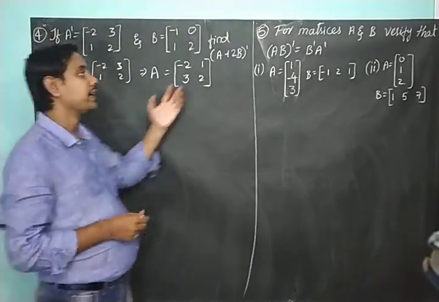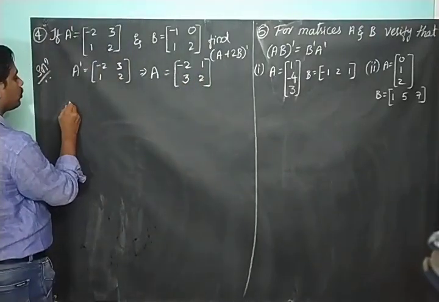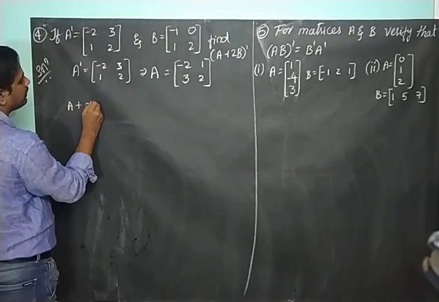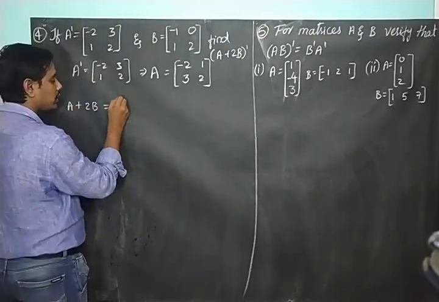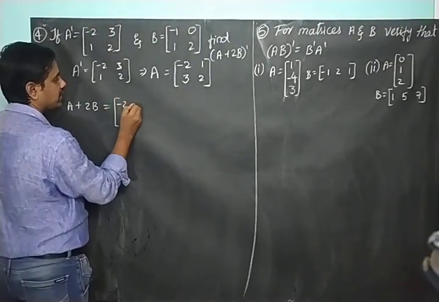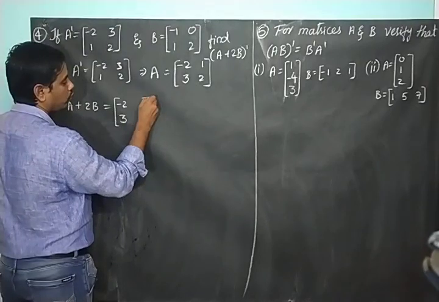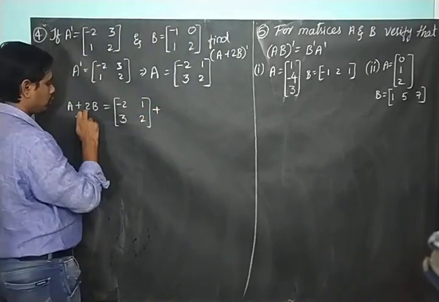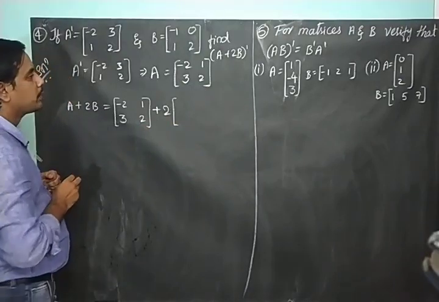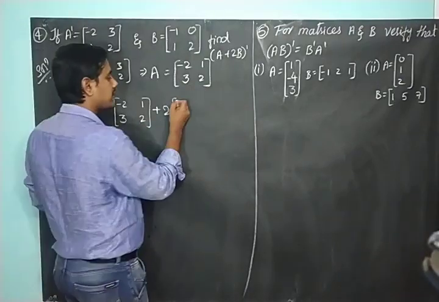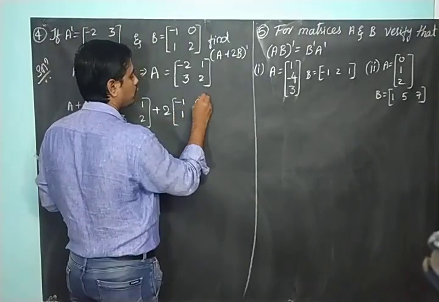What do we want? (A plus 2B) whole dash. So what is A plus 2B? I can write it as A, which is minus 2, 1, 3, 2, plus 2 into B. B is given as minus 1, 0, 1, 2.